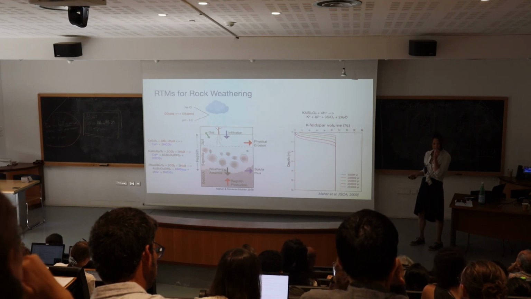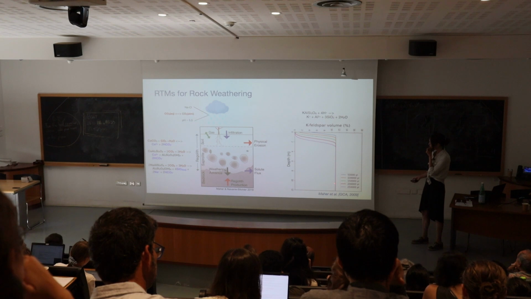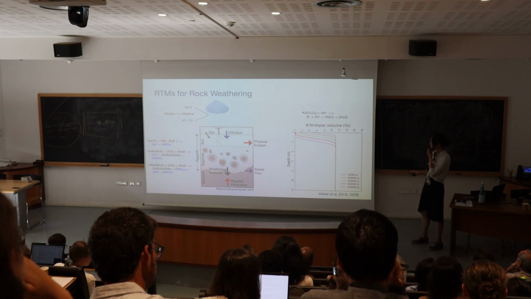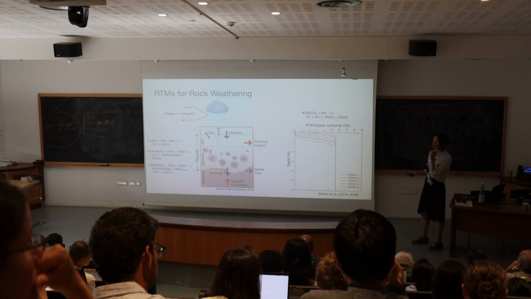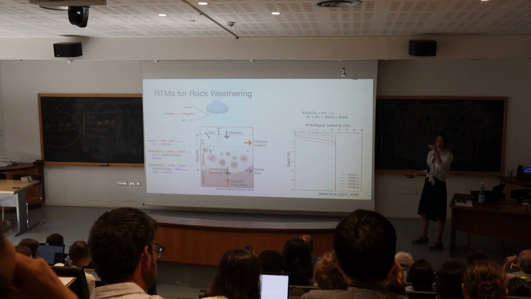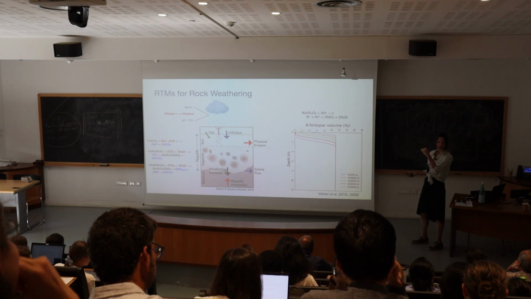Solubility? Solubility, yeah, so we're hitting solubility here, right? You can see it. There's no more variation in the mineral. If I sped up the reaction, I think I could make those fronts a little bit sharper, which means that they would hit solubility a little bit shallower at any given moment in time.